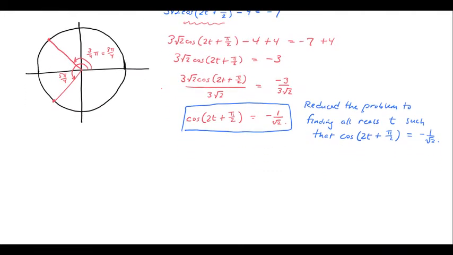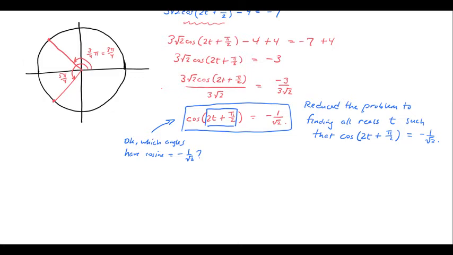So when I get to this point, I want to ask myself, okay, which angles have cosine equal to negative 1 over square root of 2? Because those are the things that are going to be the values that 2t plus pi over 2 could be equal to.